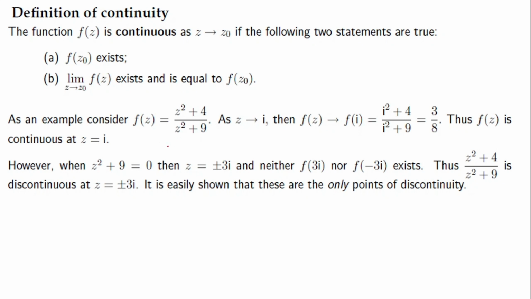Let's take this denominator, equate it to 0, and find those points where it becomes undefined. If you do that, you realize that z is positive or negative 3i, so the function will not exist there. It's easily shown that these are the only points of discontinuity. Apart from those points, the function is continuous everywhere.